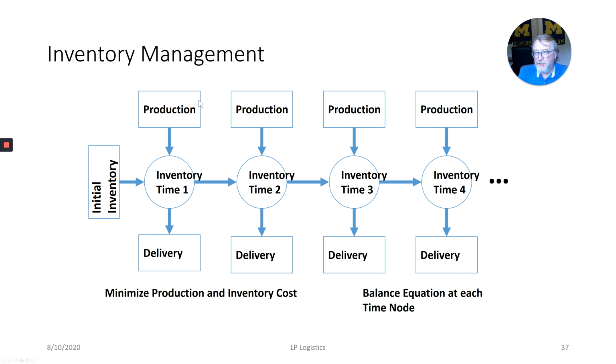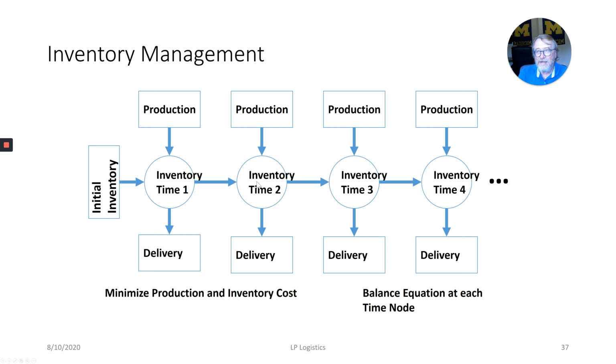And so the big question is, how do I set my production schedule to meet my deliveries and minimize production and inventory costs? The whole key here is just like the transshipment problem. You have a balance equation at each time period. The balance equation here is: you have inventory coming in, you have production coming in, and what do you have coming out?